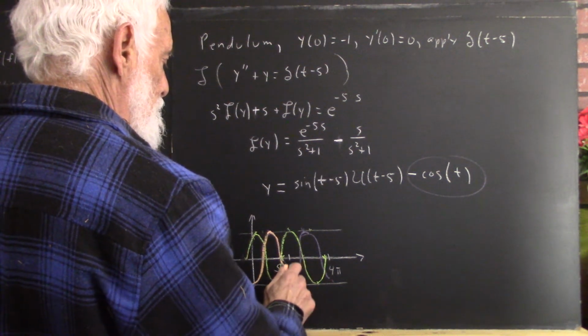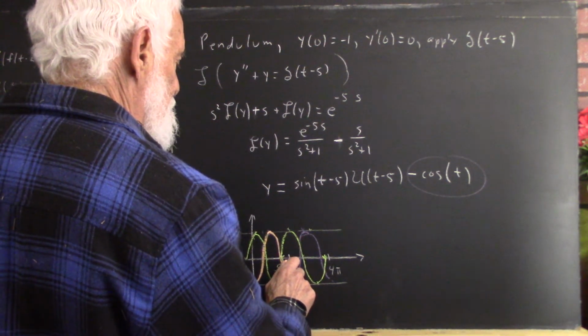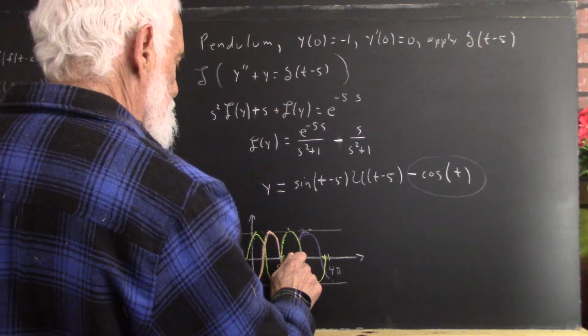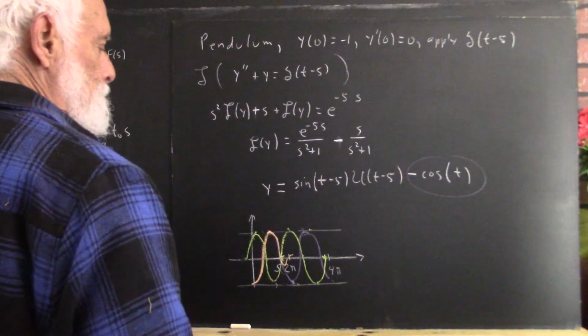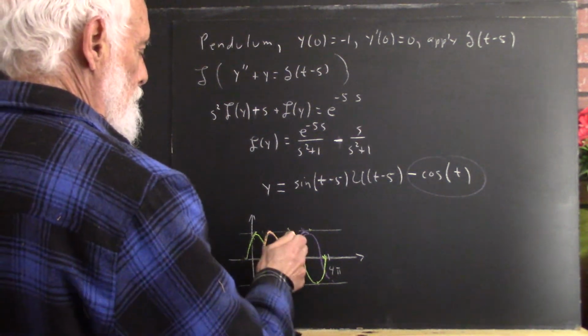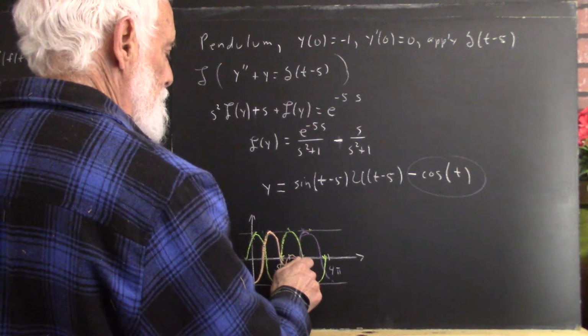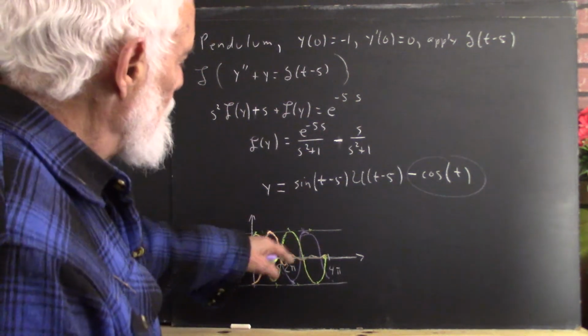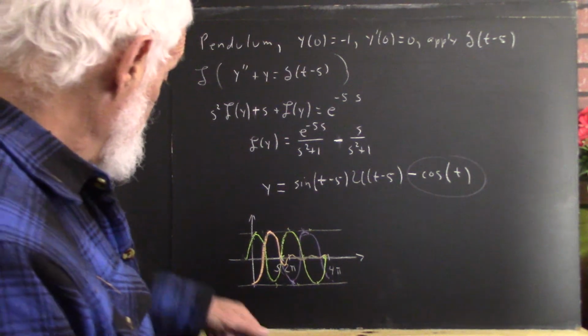And going to hit 0. The cosine is going to take over. It's going to go through a cycle like something like, well, I'm not drawing it in perfect phase, but we're going to end up with a lot less oscillation.